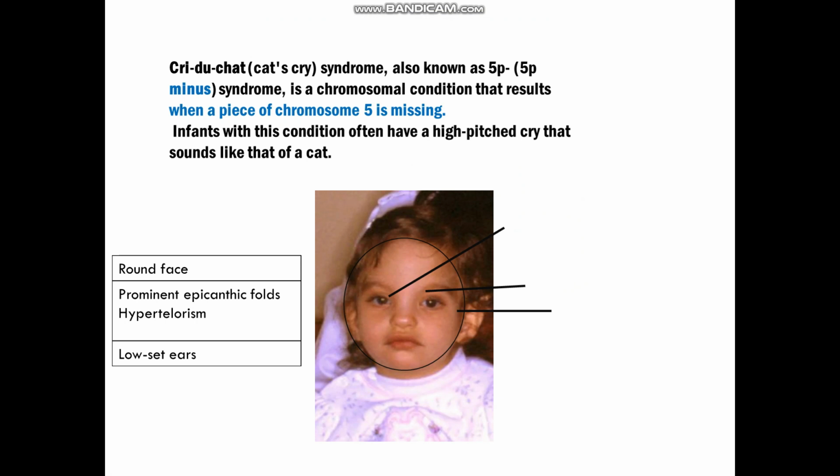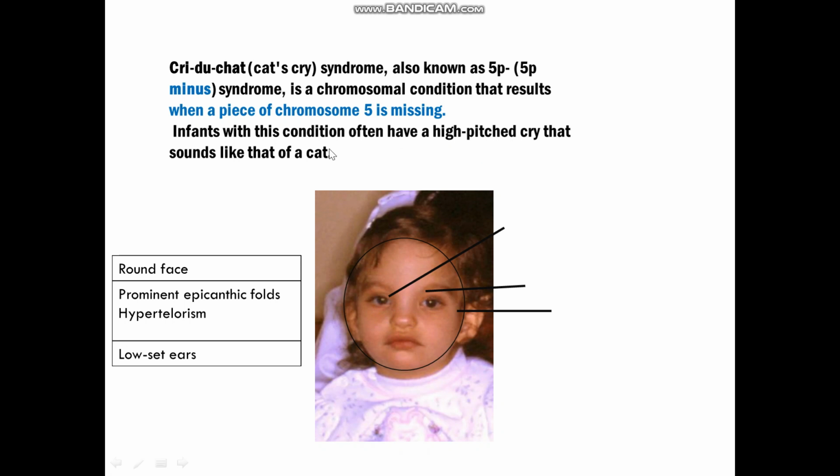As for Cri-du-Chat or cat's cry syndrome, which is also known as 5p minus syndrome, it is a chromosomal condition that results when a piece of chromosome 5 is missing. The infants in this condition often have two special characteristics, which are a special cry and a special facies.